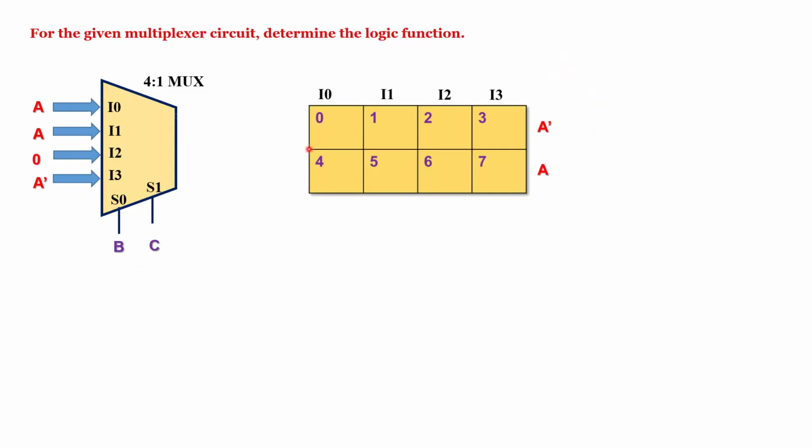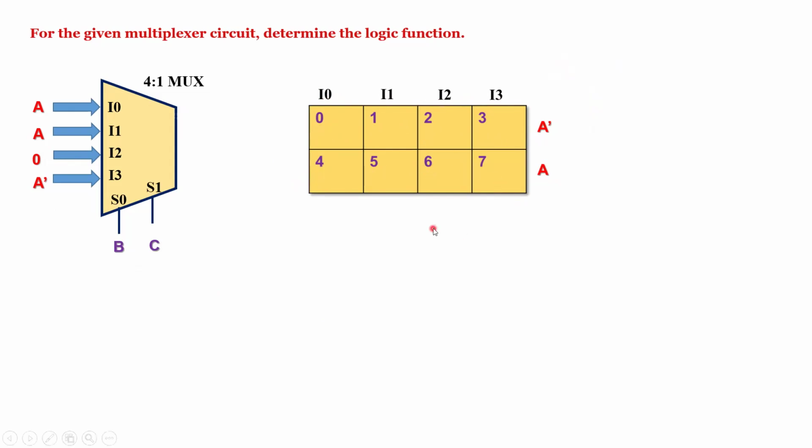What you need to do is create an implementation table. Here you see the four input data lines of the MUX are I0, I1, I2, I3. There are two rows. The first row represents A bar and the second row represents A. And the eight entries are 0, 1, 2, 3, 4, 5, 6, 7.